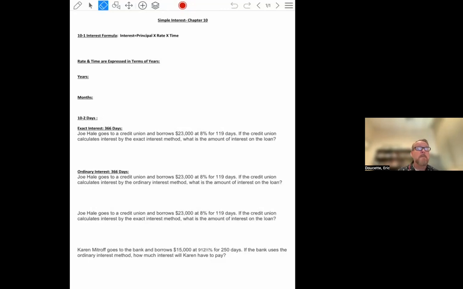And of course, Sienna, in our Sienna Health and Fitness, she obviously earned some money. She made money by marking up her items, and now she has money either to spend or she wants to borrow money to buy new equipment, whatever it might be. It's a big part of business to either lend or invest, borrow or invest. And so we'll be looking at how to solve different kinds of interest problems and how to figure out how much interest you have paid or how much interest you have earned, if it's an investment or if it is a loan.